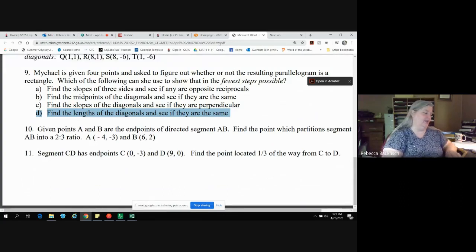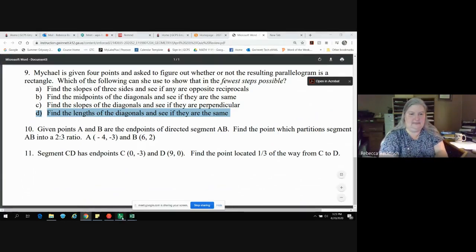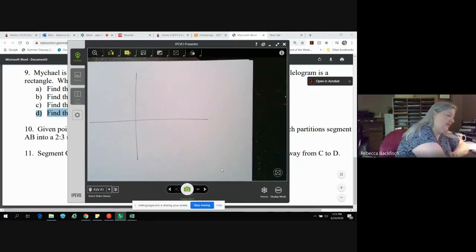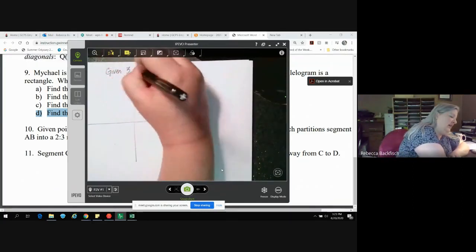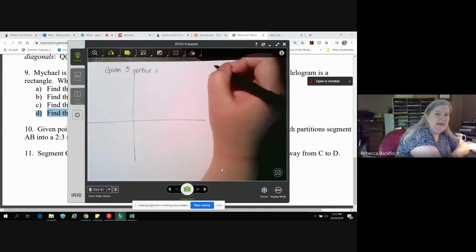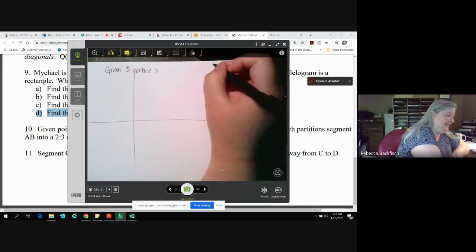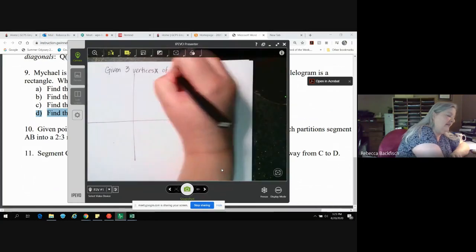Okay, let me give you another problem that I thought about putting on here but did not. So you are given 3 vertices. The S is supposed to be right next to the E. Not sure why that happens. Sorry. 3 vertices of a parallelogram.